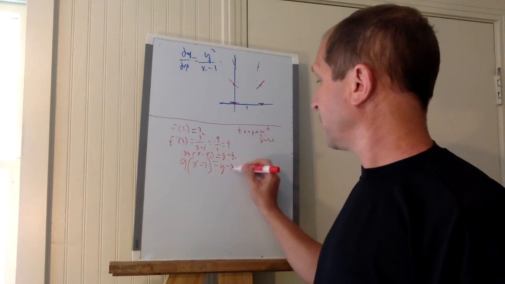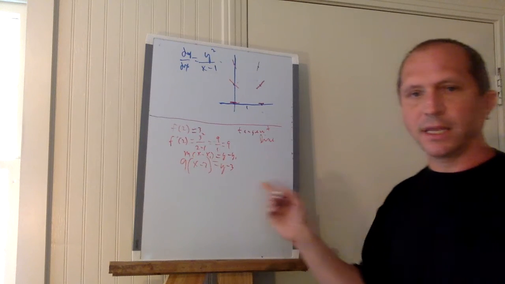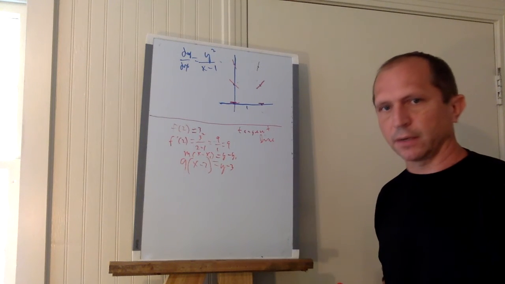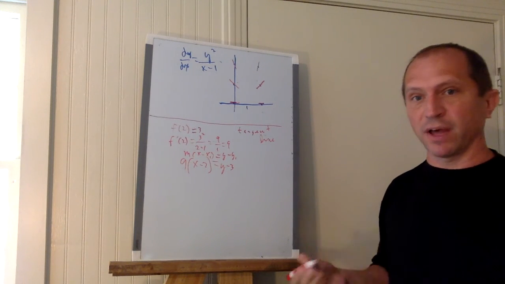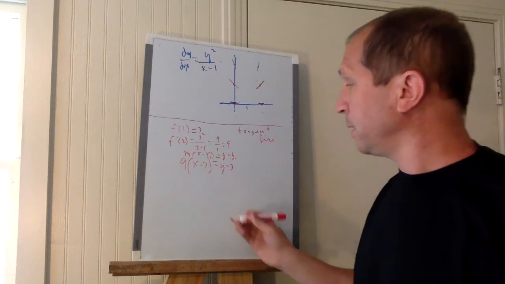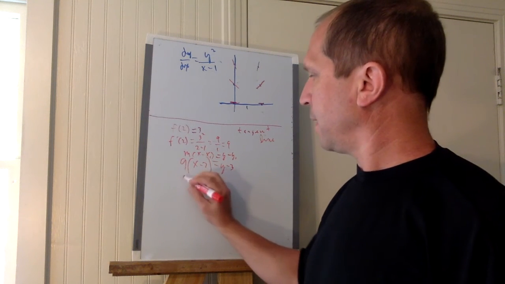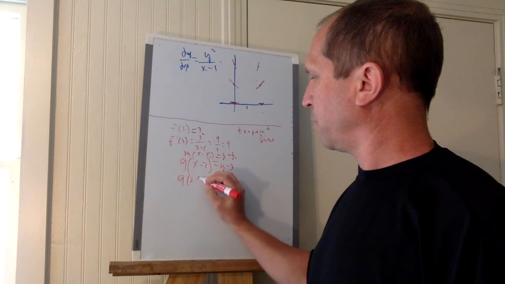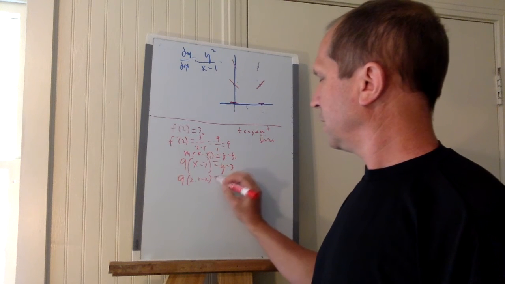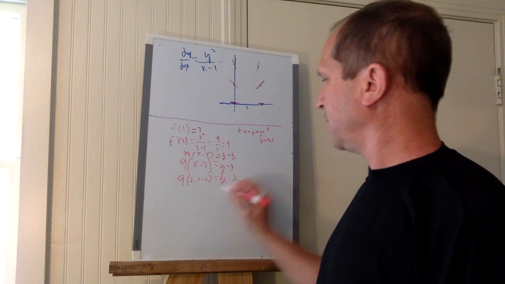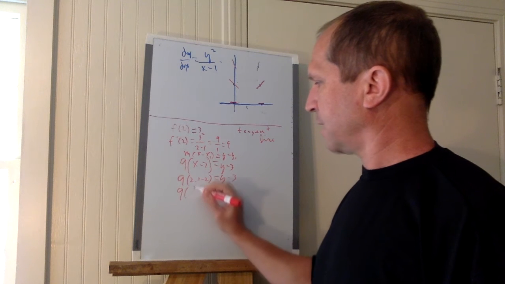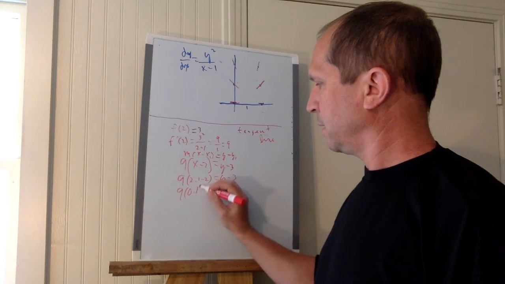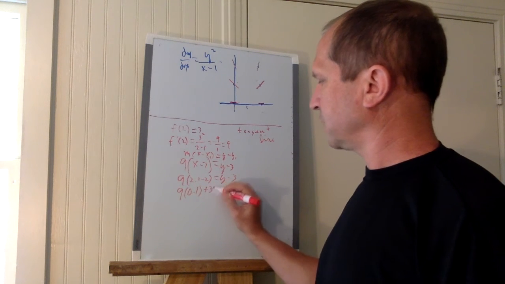So y minus 3. All right, so this is the blanket formula here. They want us to evaluate 2.1. So 9 times 2.1 minus 2 equals y minus 3. So 9 times 0.1, and I'll go ahead and bring the 3 over, plus 3 equals y.